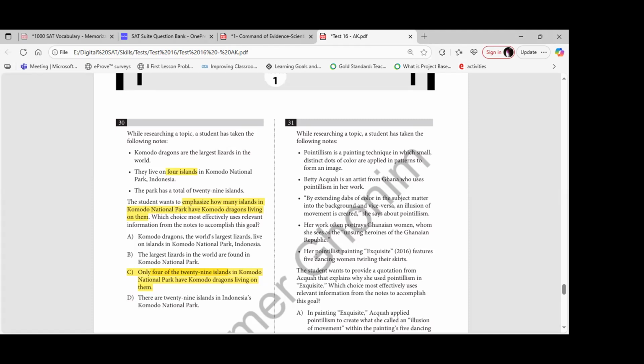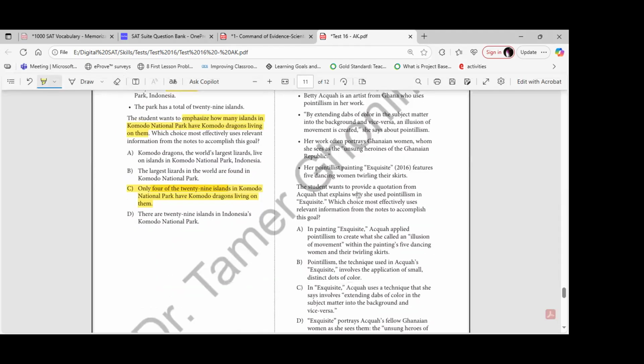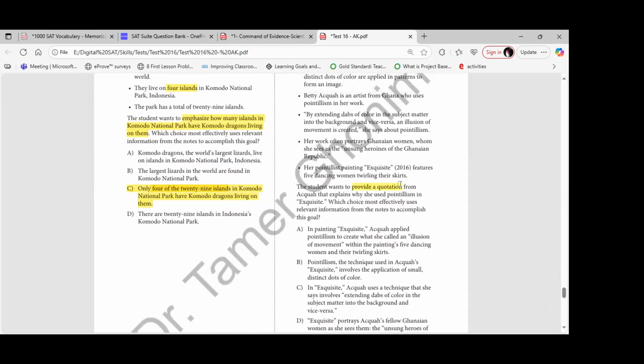Okay. As you can find here, we have only Yusuf Suwailam that got it wrong. Let's find what he wants here. In number 31, he wants to provide a quotation from Aqua that explains why she used pointillism in Equus.